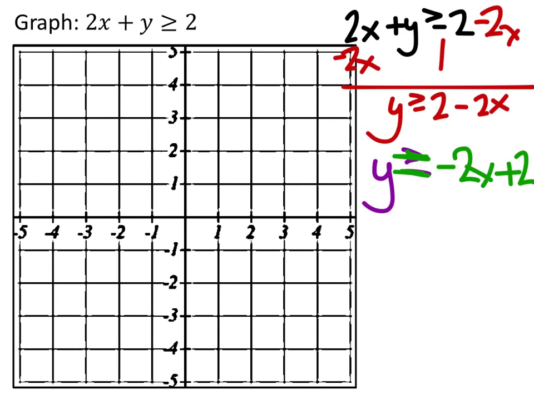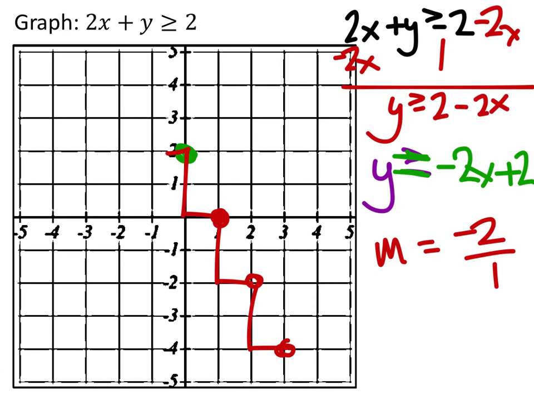But now we have our y-intercept, which is at (0, 2), and we got a slope, which is negative 2. I'll make that over 1. So I'll go down 2 to the right 1 from the y-intercept, down 2 to the right 1, down 2 to the right 1. And it goes in both directions, though. So now I got this line. That worked pretty good.